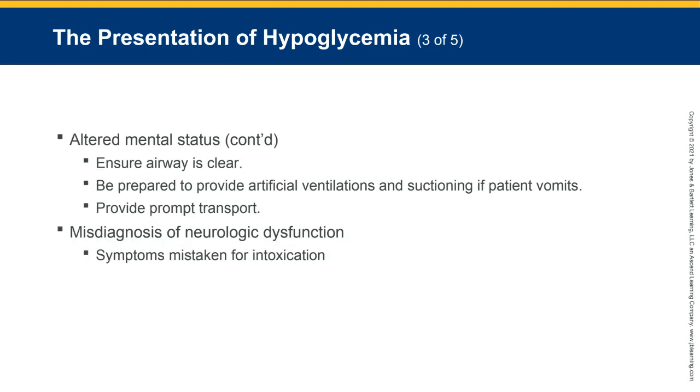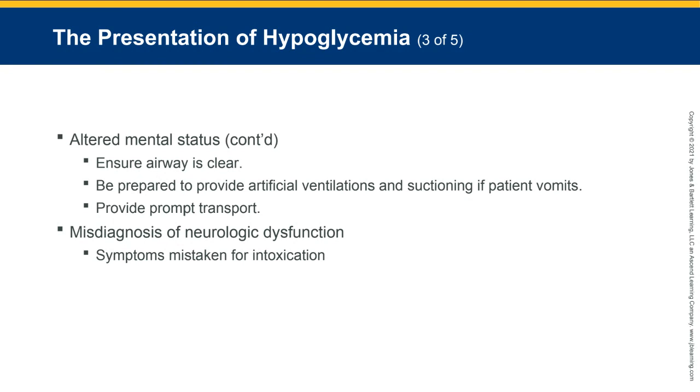For your altered mental status, ensure the airway is clear. Be prepared to provide artificial ventilation and suctioning if the patient vomits. Provide prompt transport. Misdiagnosis of neurologic dysfunction can occur.